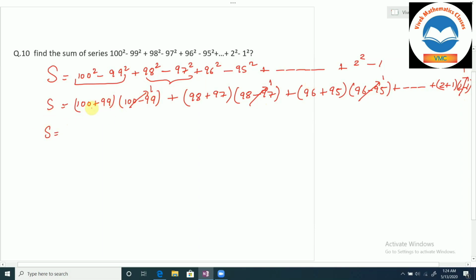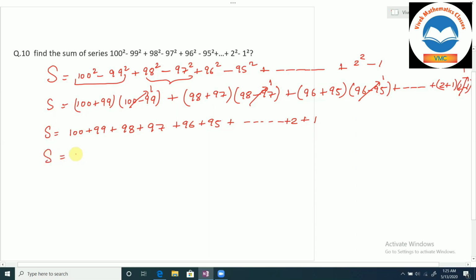So 1 into any number will be the same number, so no need to write it. What we are getting is 100 plus 99 plus 98 plus 97 plus 96 plus 95, and at last you will get plus 2 plus 1. This is the sum of the first 100 natural numbers.